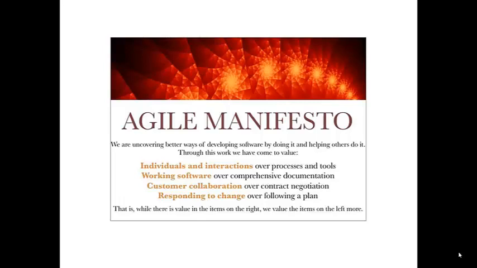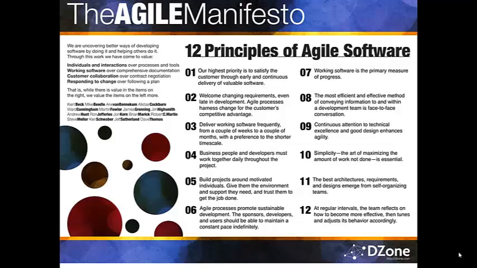For example, individuals and interactions over processes and tools, working software over comprehensive documentation, customer collaboration over contracts and negotiation, responding to change over following a plan. Those are the headline things. And what do they mean by those? Well, they're more understandable if you read the 12 principles of agile software design.